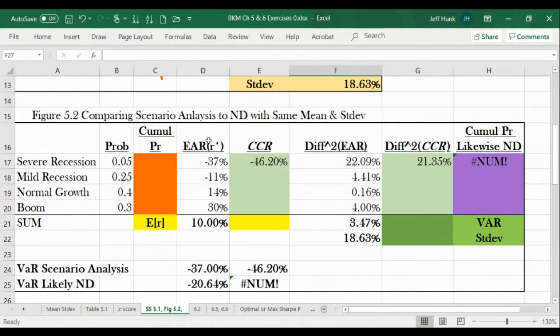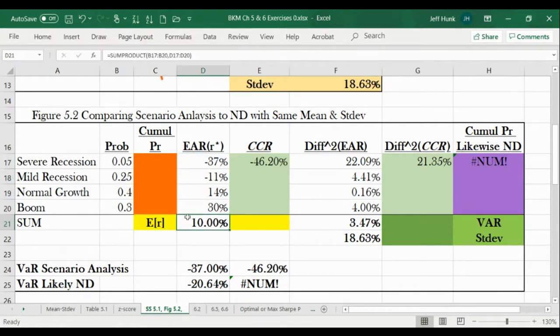So that's why we are doing it with the continuously compounded returns. First, we know already, in scenario analysis with four scenarios, the expected returns were given under each.